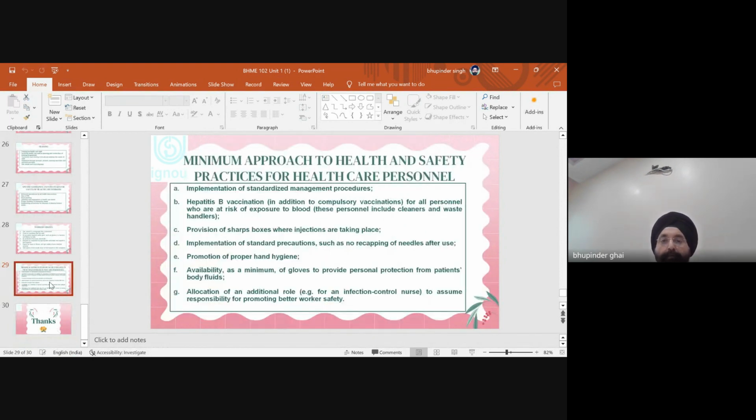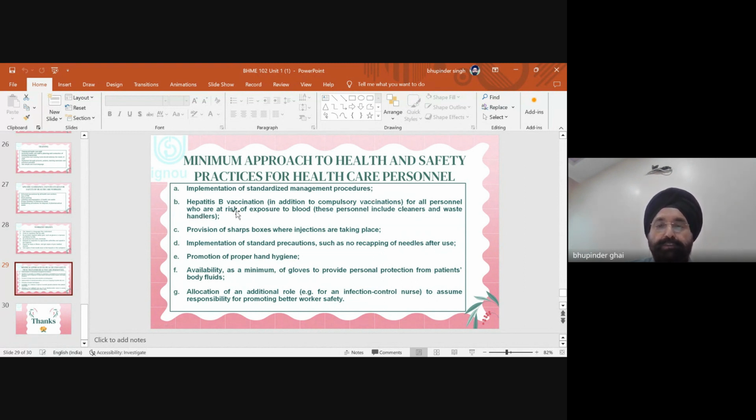The last: minimum approach to health and safety practices for the healthcare person. What is the minimum approach? First is implementation of standard management procedure. That means there should be a standard procedure for all the activities which take place at the health center.